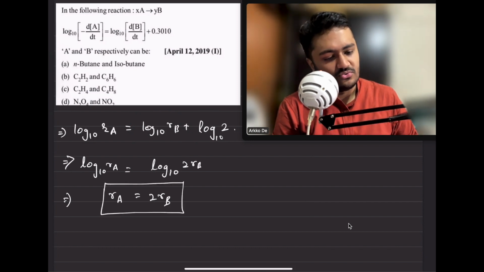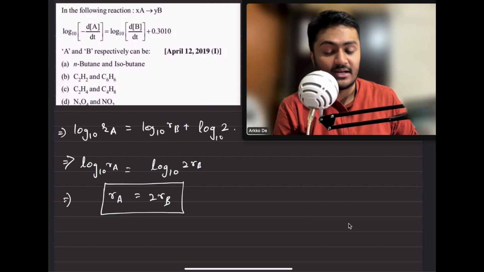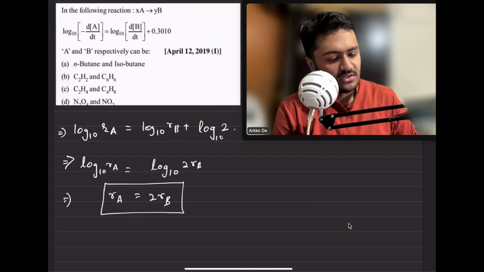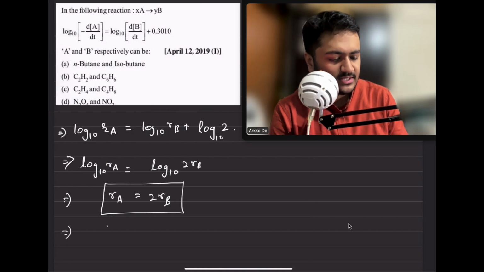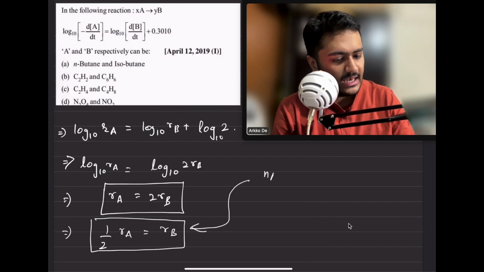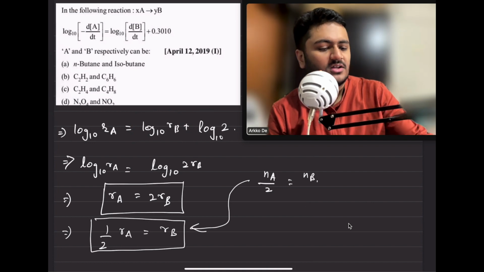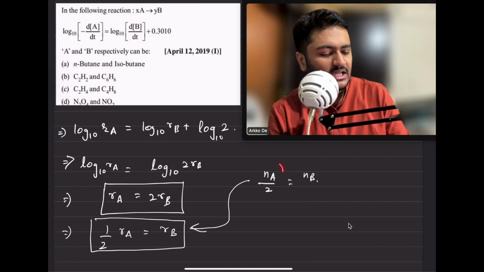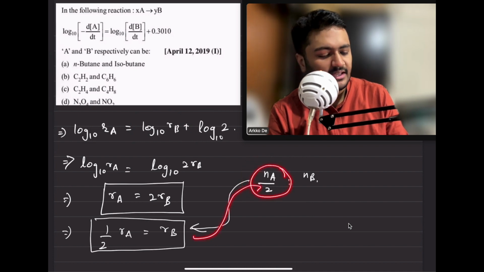Now, to predict what could be the options, we can directly say half RA will be equal to RB. If this is true, then this will be derived from NA by 2 equal to NB, because by differentiating the moles with respect to time, we get the rate.